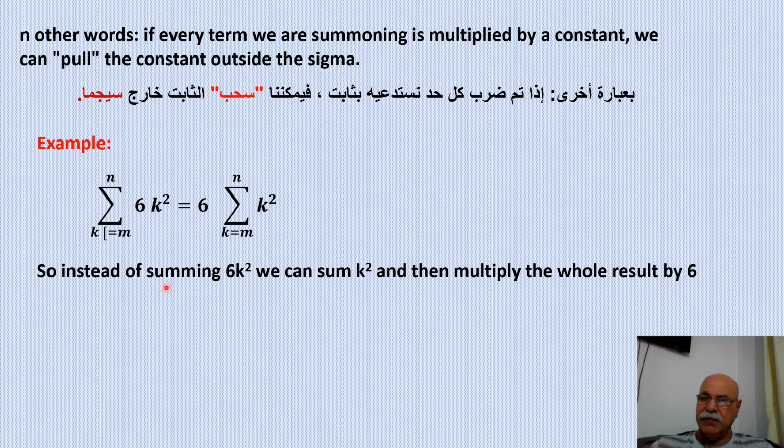So instead of the sigma of 6k squared, we can sum k squared and then multiply the whole result by 6. All the result is multiplied by 6 after that. We pull this outside the sigma and get k squared.